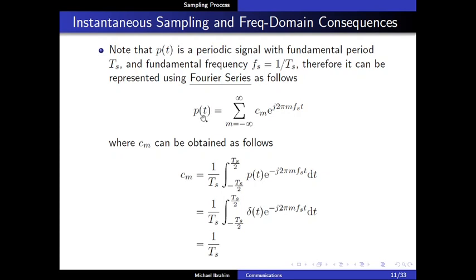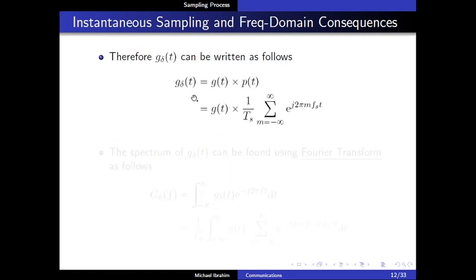Now we can write p of t as a summation of 1 over Ts e to the j 2 pi m fs t. So basically now the sampled signal g delta of t is g of t times 1 over Ts summation e to the j 2 pi m fs t.